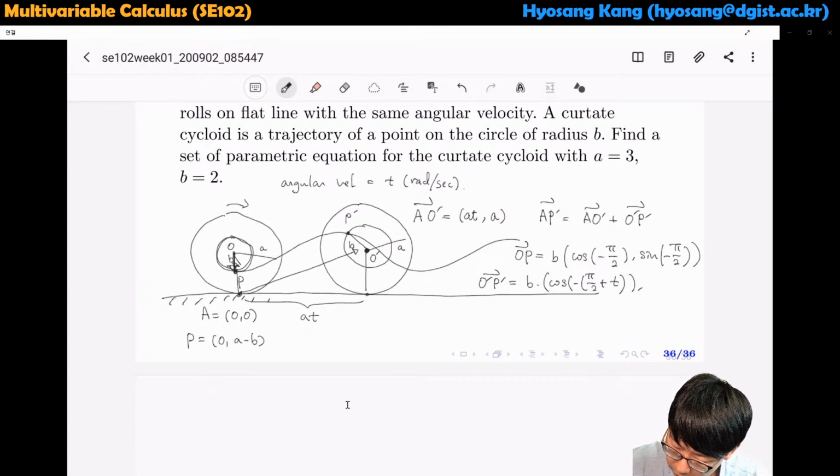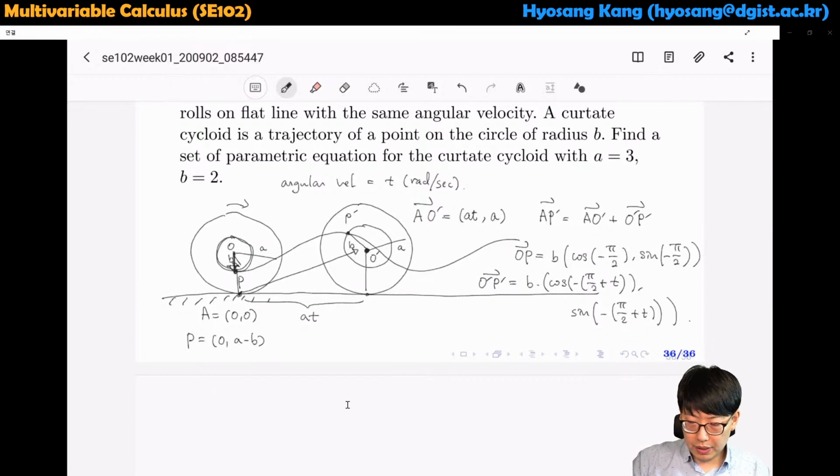comma sine of minus pi over 2 plus t, right? Because it moves clockwise, your angle starts from this direction, which is minus pi over 2, and then keeps moving in this direction by t at time t.